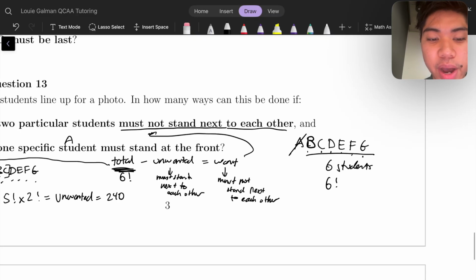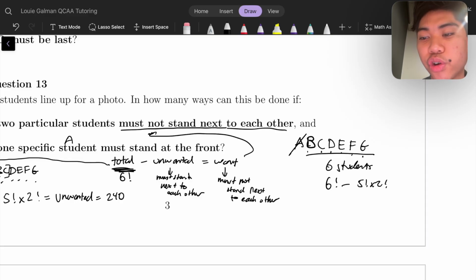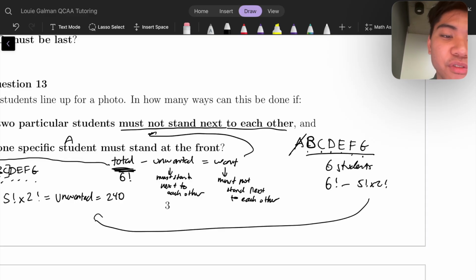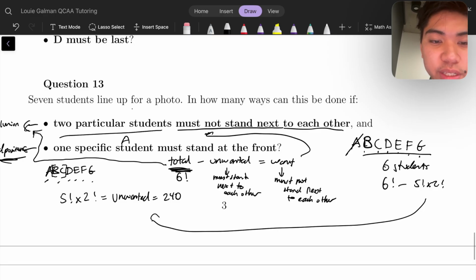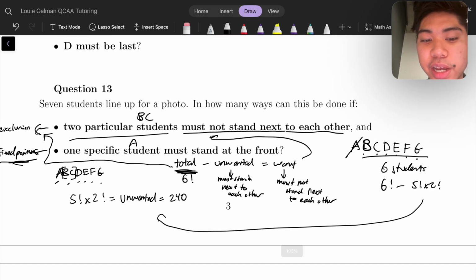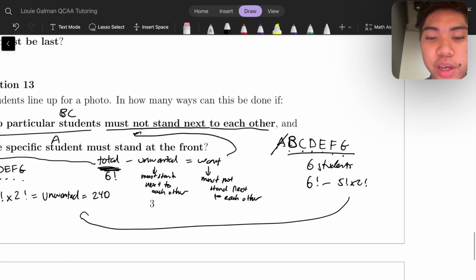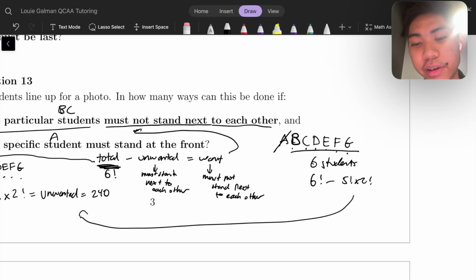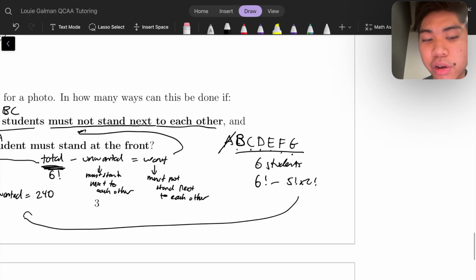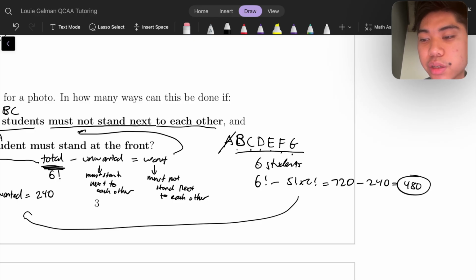And then we're minusing the 5 factorial times 2 factorial, where we consider if 2 particular students, let's say B, C, have to be next to each other. So we can find when they are not next to each other, which is the remaining number of arrangements. So that's going to give us 720 minus 240, which is equal to 480 different arrangements.